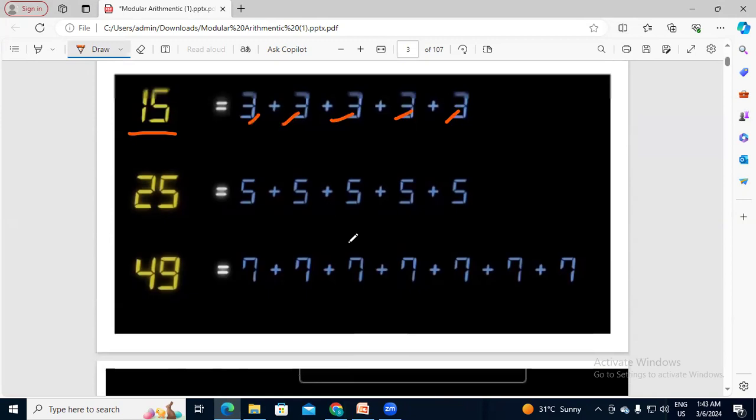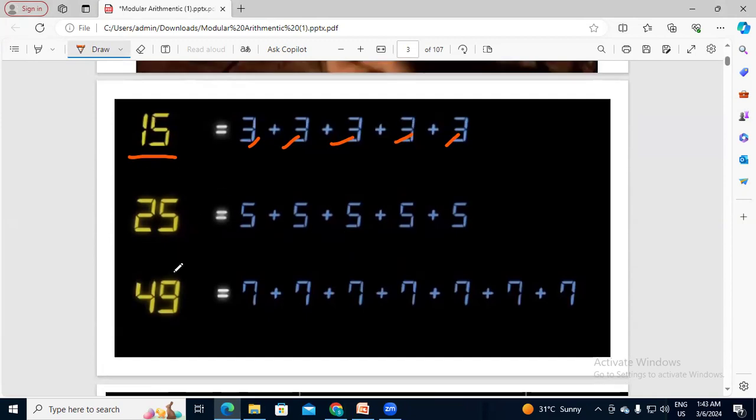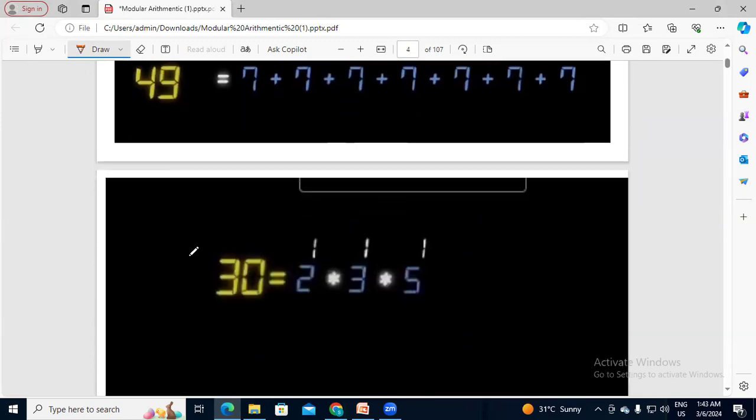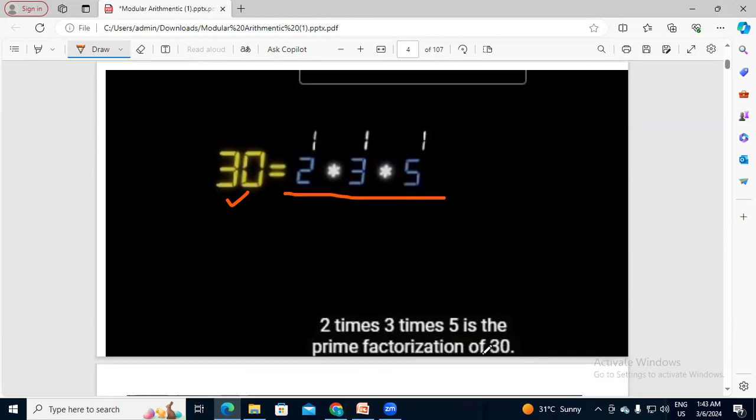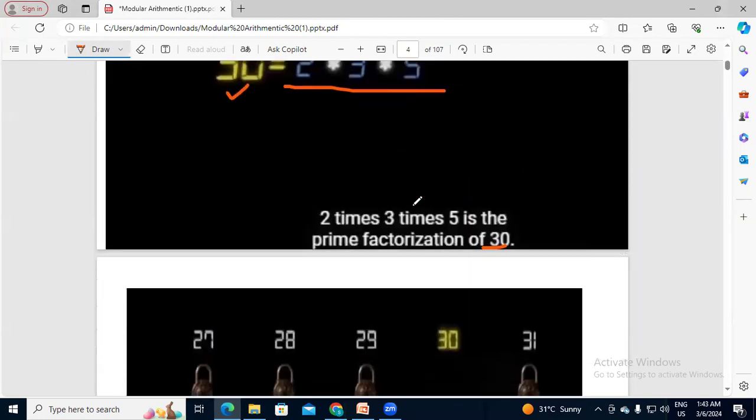And you can have the prime factorization of any composite number, right? So how can you write it for 30? 30 is 2 to the power 1 into 3 to the power 1 into 5 to the power 1. That is the prime factorization of 30, and you can consider this factorization to be unique.